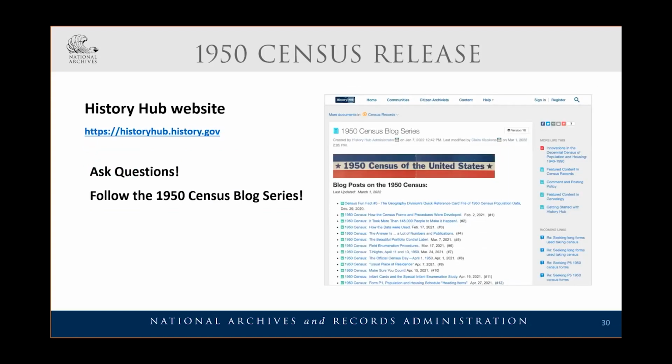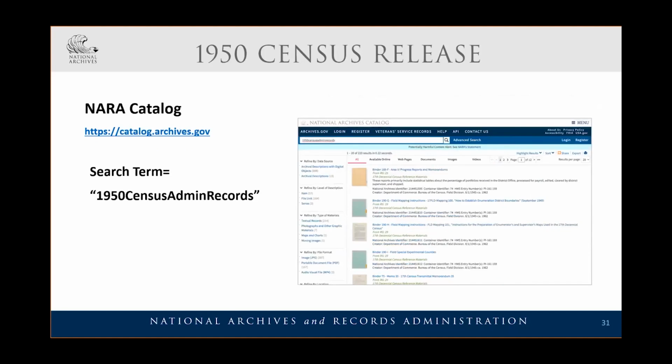In addition, on the History Hub website, NARA's designated subject matter experts, such as myself, publish blog posts about the records in our custody. To help the public prepare for the census release, we have published over 50 blog posts about the 1950 census, and more will be added.